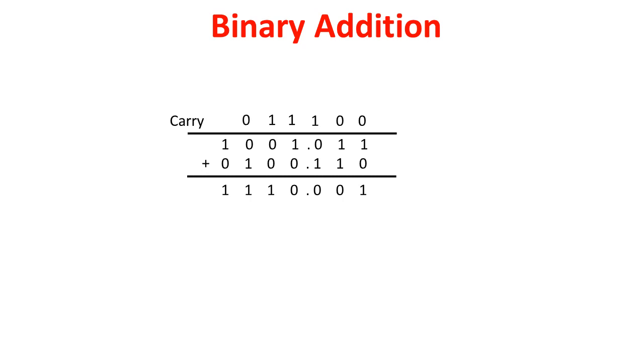And now 0 plus 1, the sum result will be 1, and no carry will be taken forward to the last column, so the carry will be 0 in the last column. So 0 plus 1 plus 0, the sum result will be 1. So the calculated number is 1 1 1 0 dot 0 0 1.